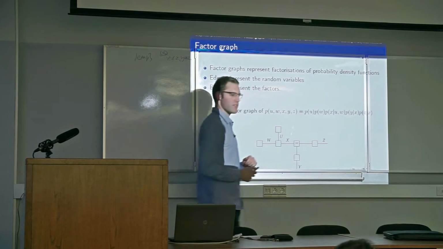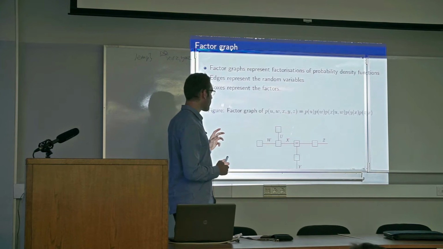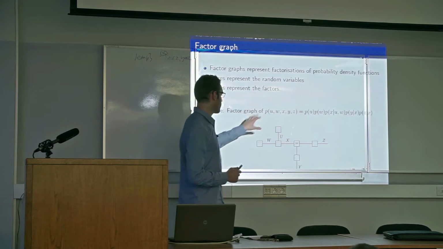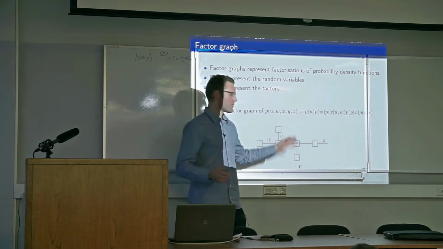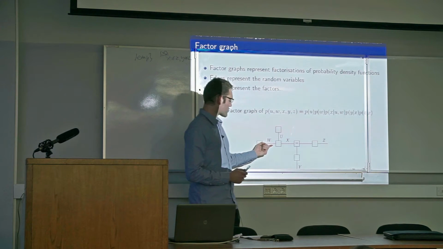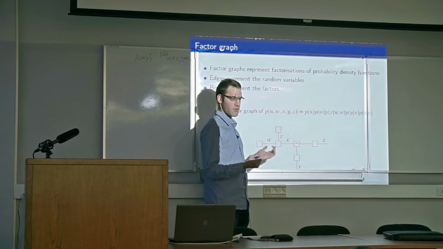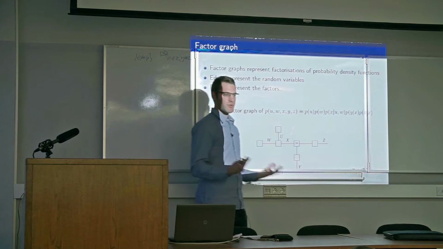So let's look at this factor graph. The rules are, as we stated, that the boxes represent factors. So we have this joint density, which can be written, due to conditional independencies, as this density. And each edge stands for one unique random variable. So if one variable appears in more than two factors, you need to do something.